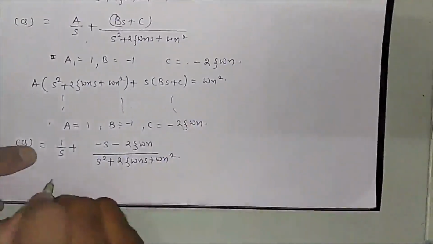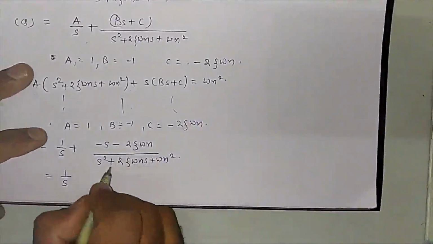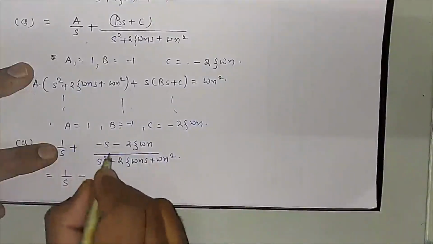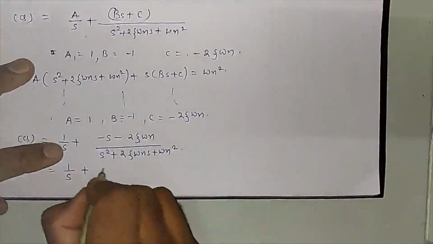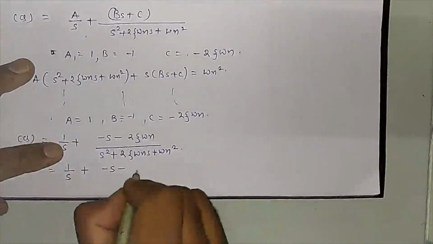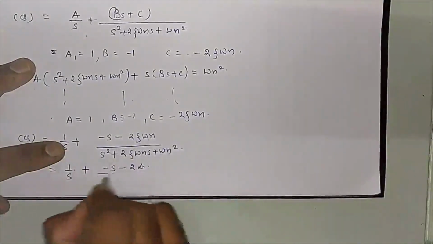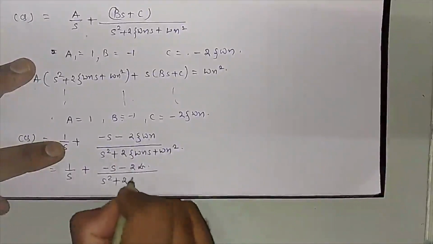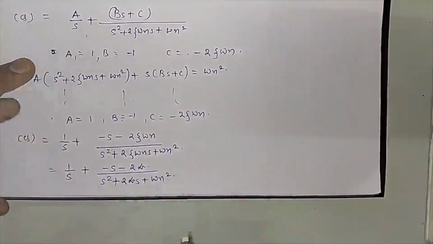1 upon s, taking minus quantity, let us say put it plus only, s plus 2 alpha. Can I say zeta into omega n is equal to alpha, so s square plus 2 alpha s plus omega n square?